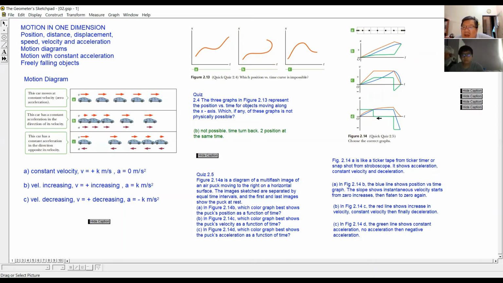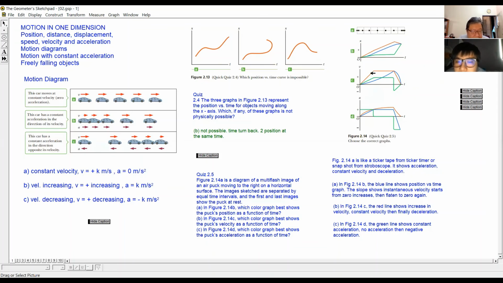Now again, red, blue, and green. Which line represents the acceleration? Velocity increasing.